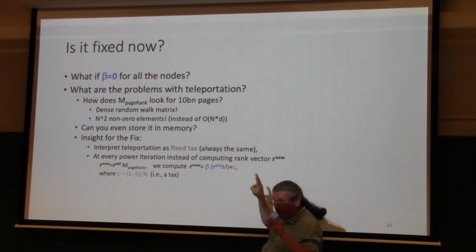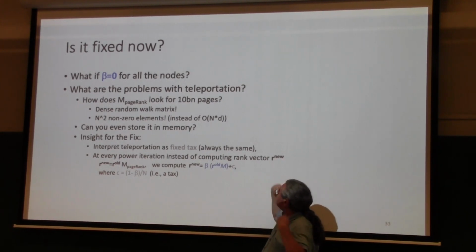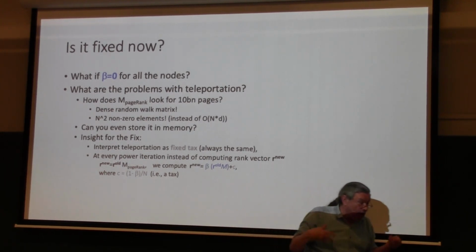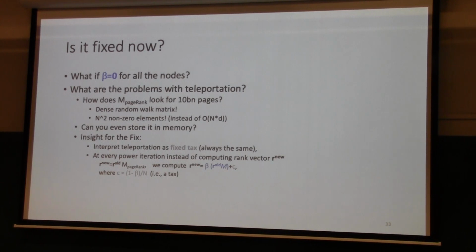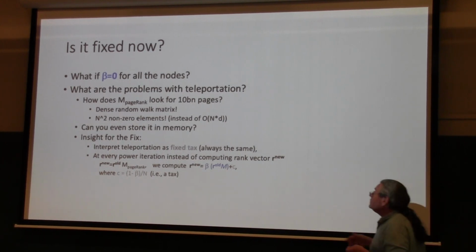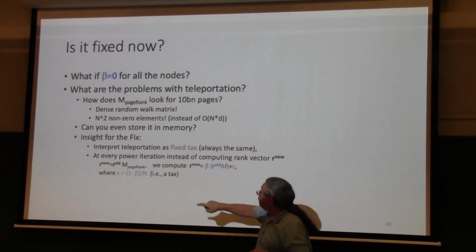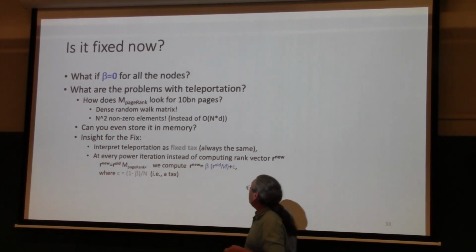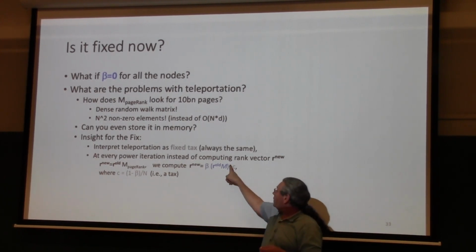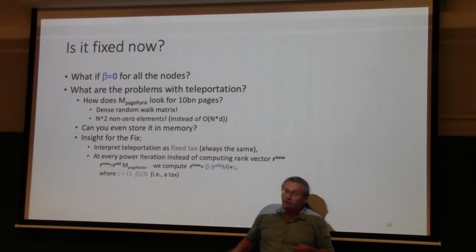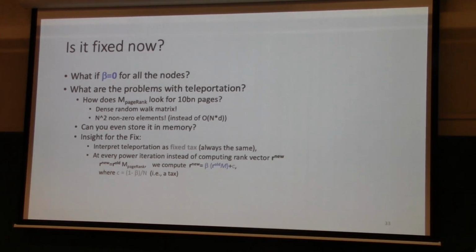So this is like a tax, okay? Because it's always the same for every node, it doesn't depend on the node, that means you can add it in separately, okay? So this is like 1 minus beta over n. And so that way you don't actually have to store 10 to the 20 elements.